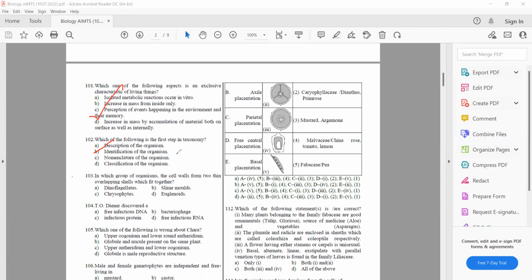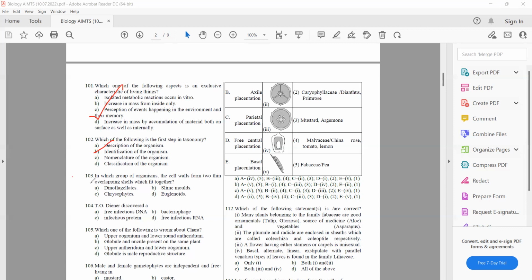Where we describe the organisms and classify them. We need to know what the organism is exactly, its name and the place of the organism. So the first step will be the identification of the organism.